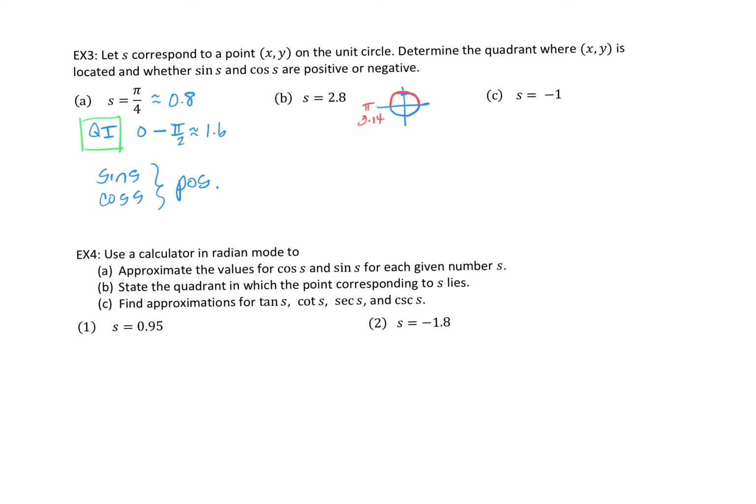And remember, pi over 2 was approximately 1.6. So in quadrant 2, we have values between 1.6 and 3.14. So clearly, our arc length is in quadrant 2. In quadrant 2, sine is going to be positive, but cosine is negative.